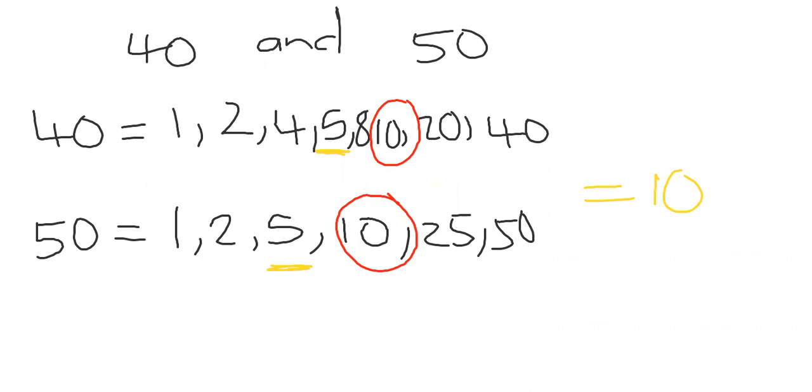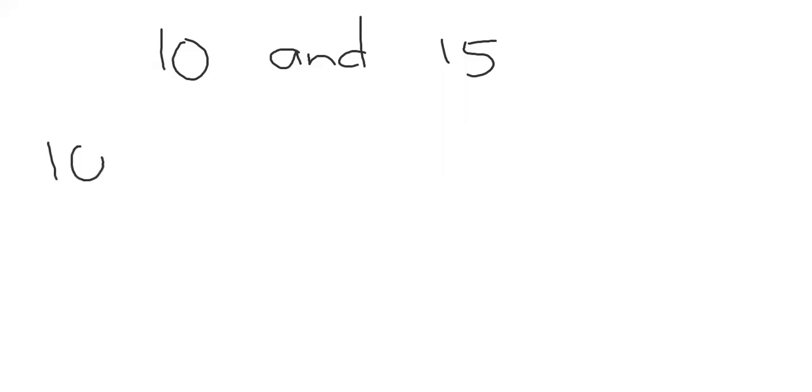Then let's do another example. Let's look for the highest common factor of 10 and 15. So we do the same thing. We first start off by looking for the factors of 10, numbers that can divide 10 without leaving a remainder.